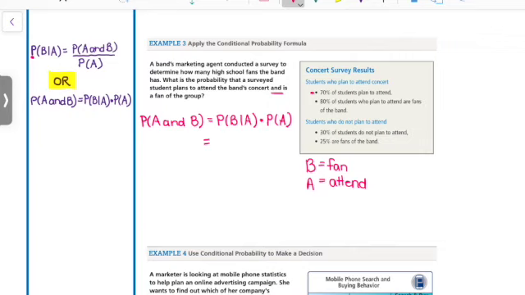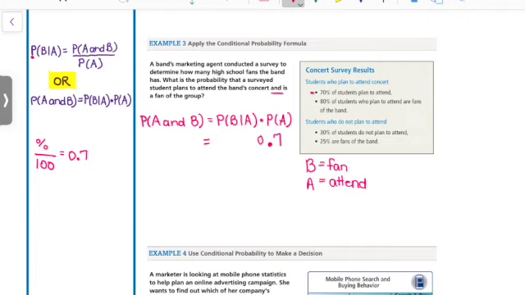So under the probability of A, we're going to put 0.7. You're like, Ms. Reidner, how did you get 0.7? Well, if I have a percentage, I can take the percent divided by 100 to get the decimal. So 70 divided by 100 is 0.7.